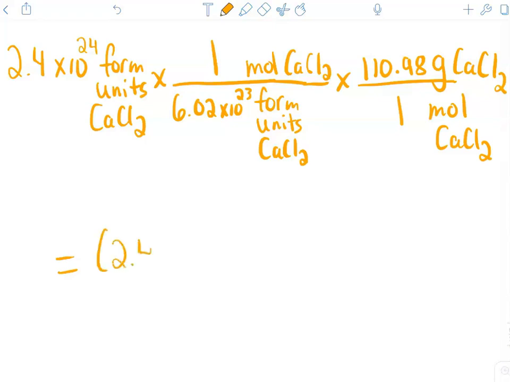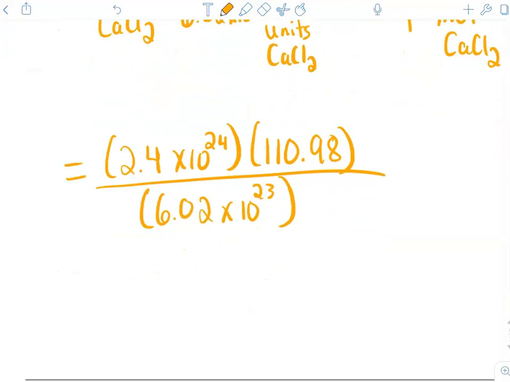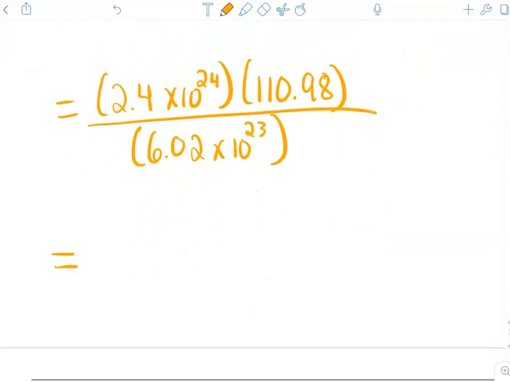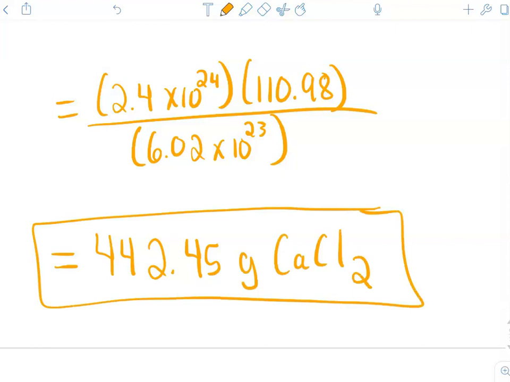So you need to type it like this. Divide it by, in parentheses, 6.02 times 10 raised to the 23rd. Okay? And whenever you do that and round to 2 decimal places, you should get 442.45 grams of CaCl2. Okay?